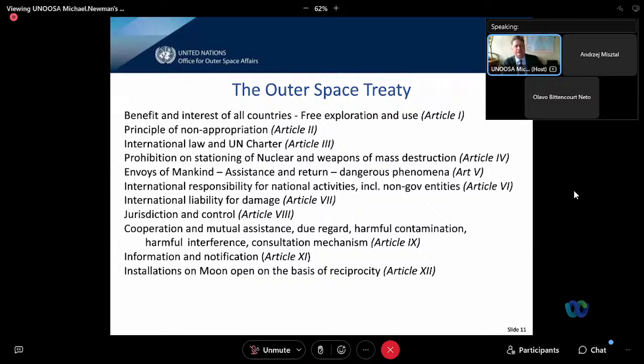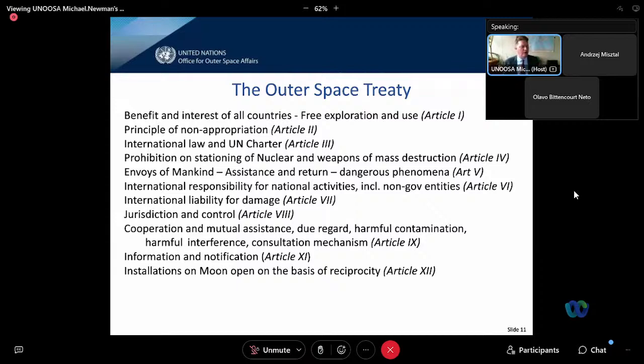Prohibition of the stationing of nuclear weapons and weapons of mass destruction under Article 4. Recognition of astronauts as envoys of mankind and information on dangerous phenomena. We will hear more about this as well. International responsibility for national activities under Article 6, the enshrinement for non-governmental entities and authorization, continuing supervision.